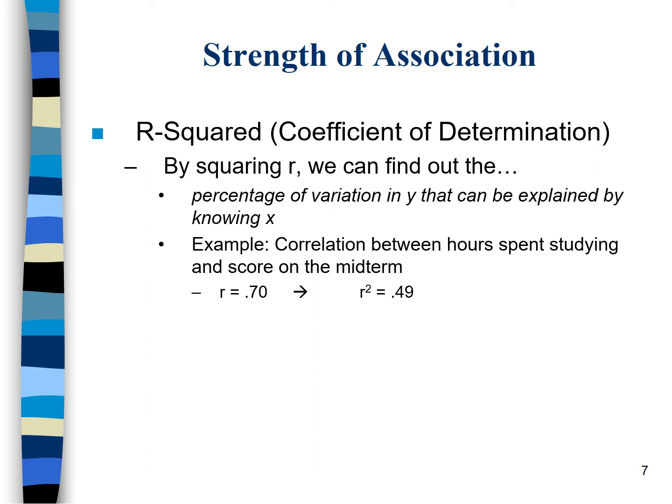I think most of us would probably hypothesize that those individuals who spend more hours studying are more likely to score higher on the exam, and people who spend fewer hours studying are likely to score lower on the exam, right? So we predict a positive association between these two things.